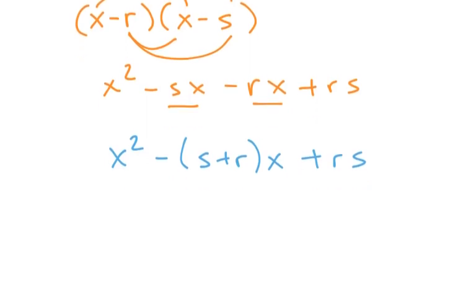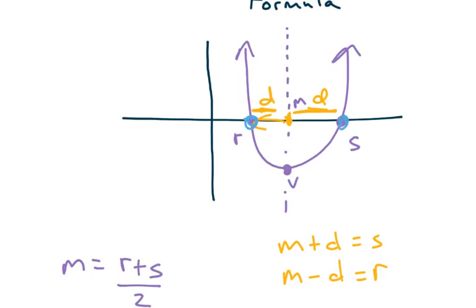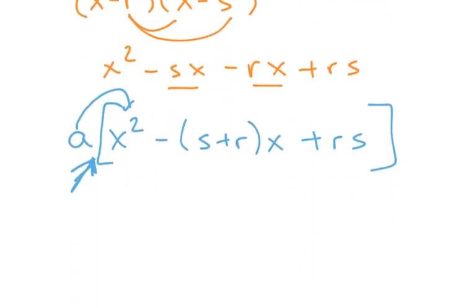Now, it doesn't have to be the case that this has a 1, right? Technically, this is a special case; if we have a value on the outside, we'll call it a, you could distribute a in here and you would have ax squared. But because we're talking about the zeros here, what I'm showing you is that we have the quadratic function in standard form.